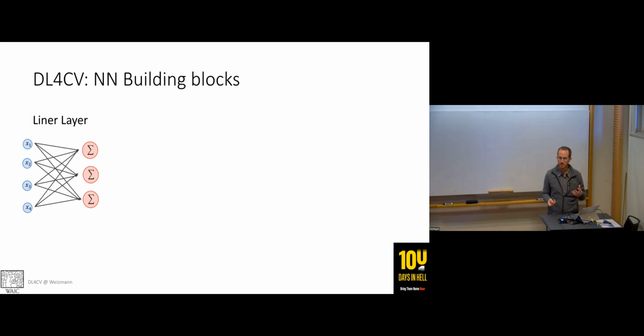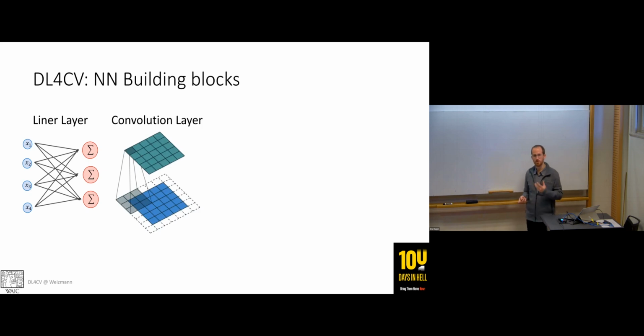On top of this linear operation, there are all kinds of non-linear activations to prevent the network from collapsing to a single linear operation. You learned about a convolution filter, a convolution layer that processes small patches of the image and takes advantage of the translation equivariance property of images.